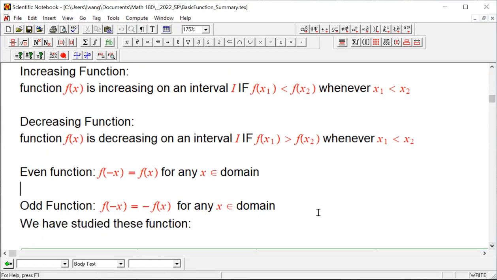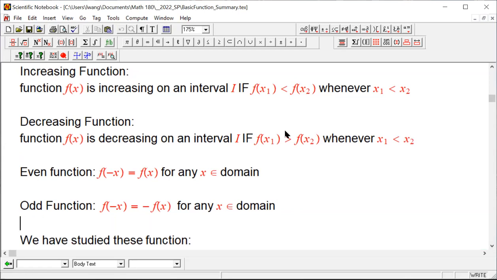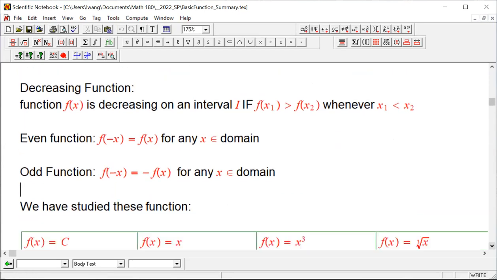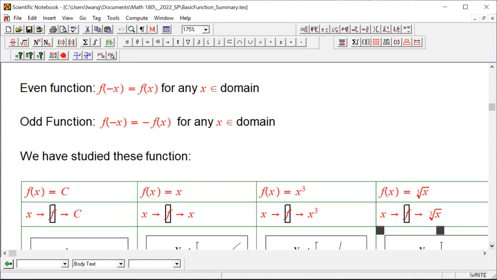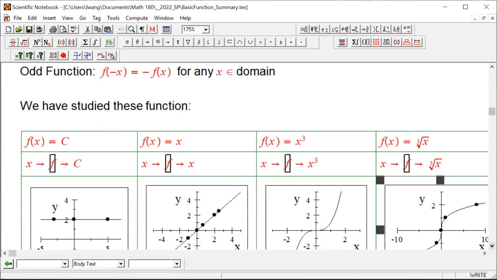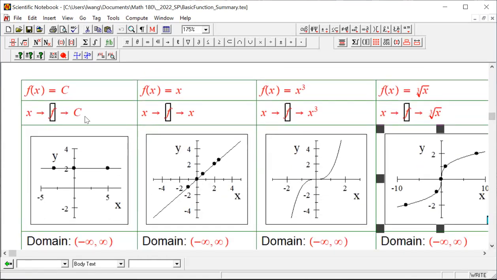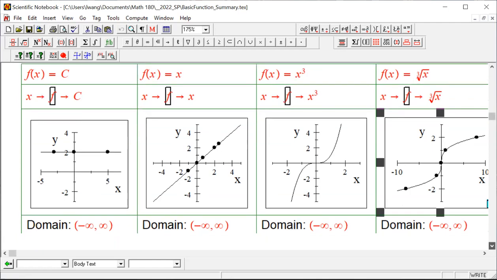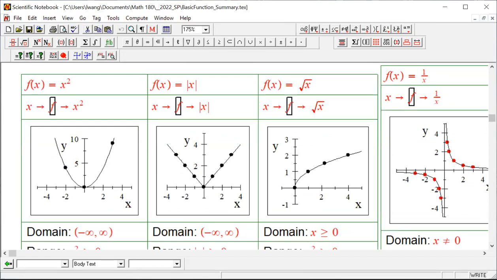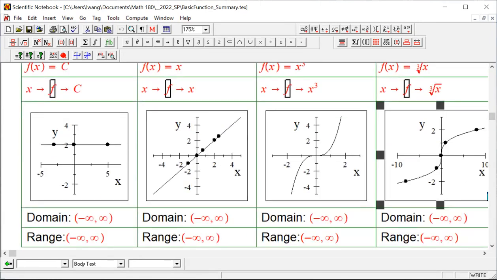Let's look at what functions we have studied. We studied these functions by groups. The first group is these 8 functions. The constant function, the simplest linear function, x to the power 3, and the cubic root function, and we talked about their domain and range.